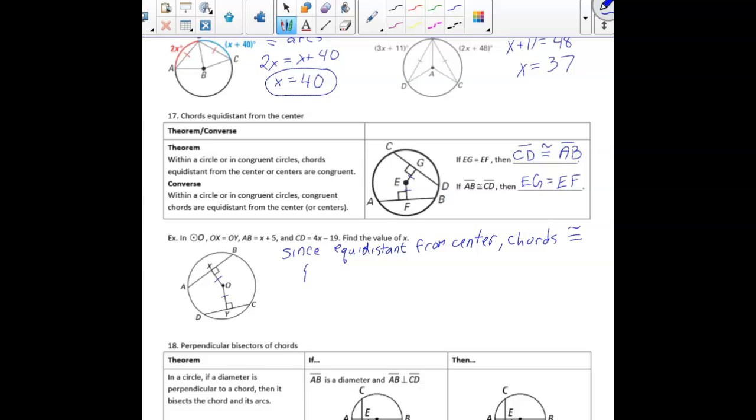So AB equals CD. So I can set up x plus 9 equals 4x minus 19. So 5 equals 3x minus 19, and therefore 24 equals 3x, and x equals 8.